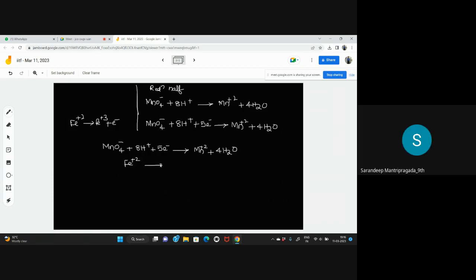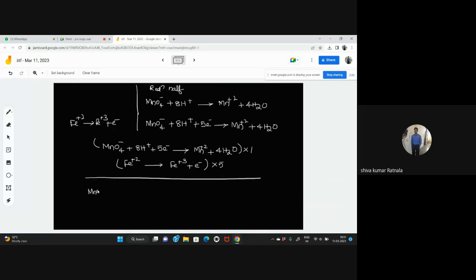To balance this, we multiply with 5 electrons, and here we multiply with 1 electron, right? After that, finally we add both. So while adding, what answer do we get?